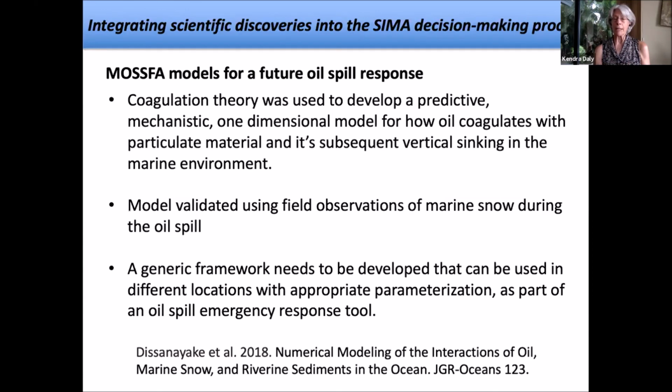We had been talking with Chris Barker at NOAA, who leads the development of the GNOME emergency response models, but we were unable to secure funding. So there is a base amount of information available that could be used for future decision-making processes, but there's some work that needs to be done to get to that point.